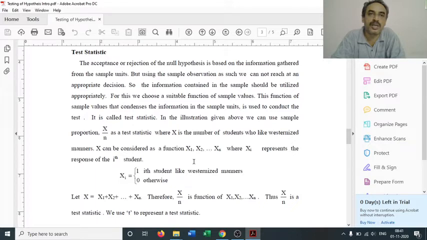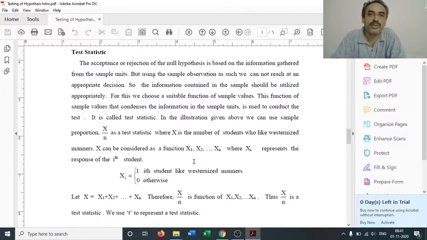Actually, we require essentially a statistic, a function of sample values, to conduct the test, because we are not conducting a complete enumeration or census. Based upon the sample only, we are conducting the test. Therefore, the information in the sample has to be utilized properly, or we should formulate an equation to conduct the test.